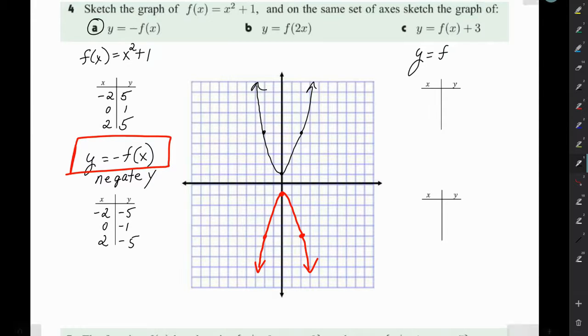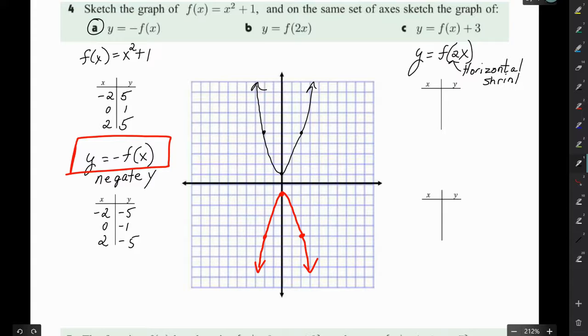For letter B, we have y equals f of 2 times x. So what's happening here? In this case, we have a horizontal shrink value. So this one's very sneaky, okay? When we have that 2 in front, keep in mind, what does this mean? That's the first thing you want to think about. And when it's a value greater than 1, it's a horizontal shrink.